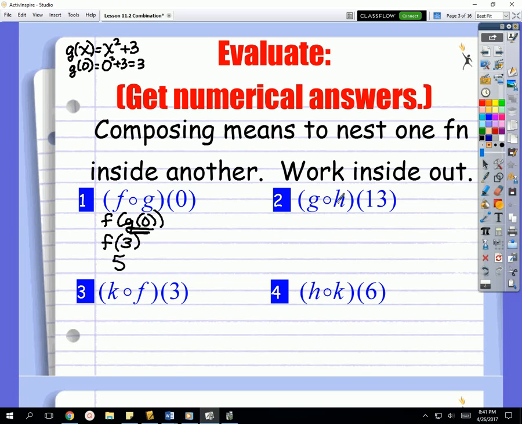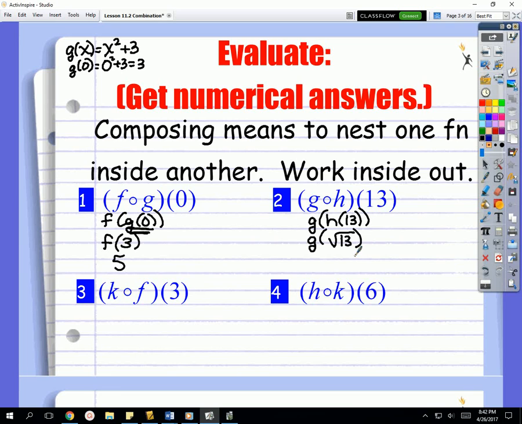So this G circle H means G of H of 13. And again, you work your way inside out. Look at your paper. Do you see that H of 13 would just be the square root of 13? Well, that's an odd, crazy number, but that's really all it is. So on the inside, replace the H of 13 with the square root of 13.